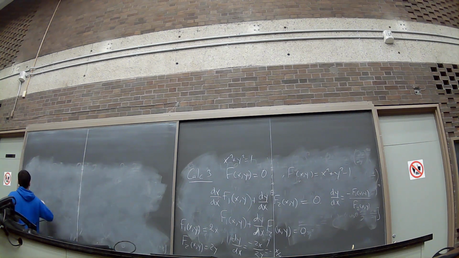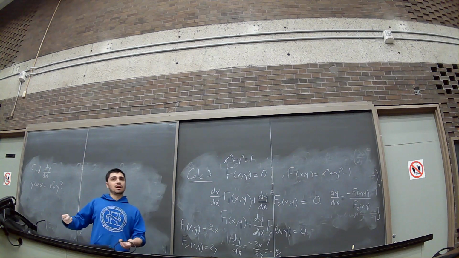Find dy by dx. Let's pick an example from the book. Y cos x is equal to what? To x squared plus y squared.